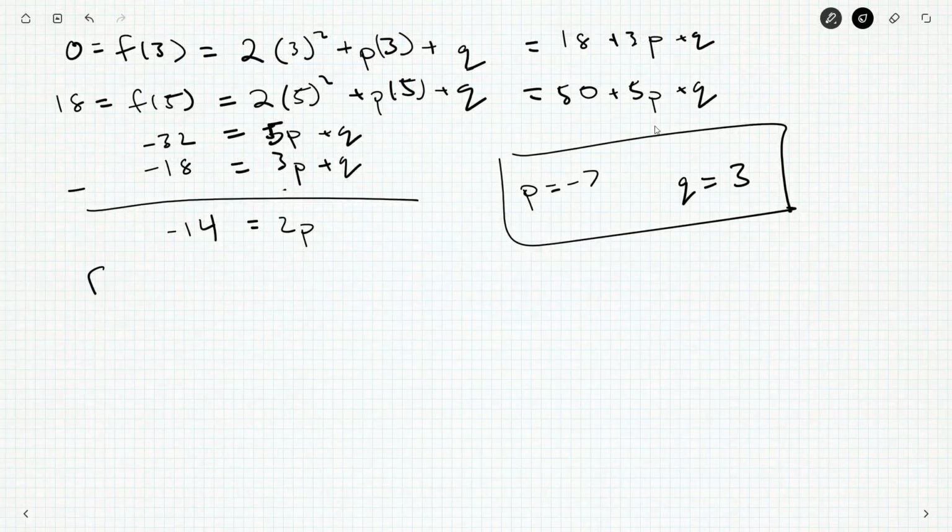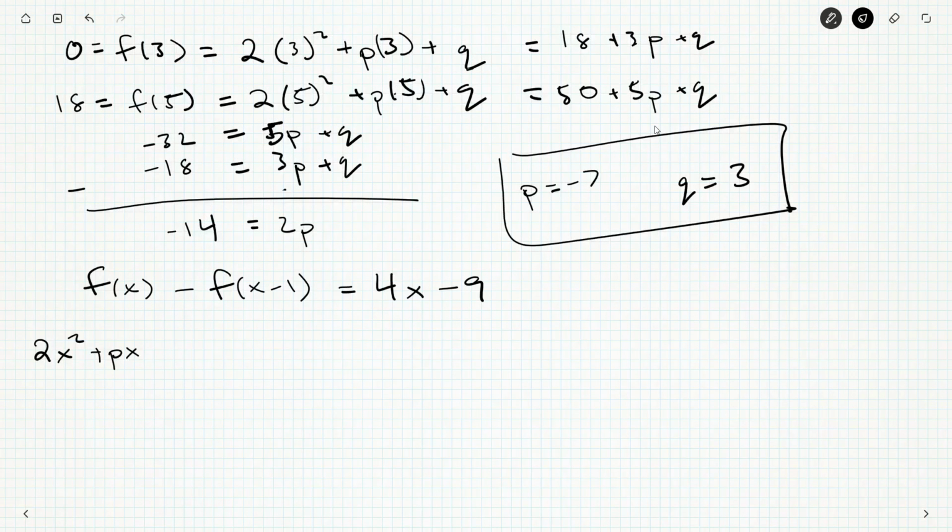So I know f of x minus f of x minus 1 is 4x minus 9. Well, f of x is 2x squared plus px plus q, and then plugging in x minus 1 here.